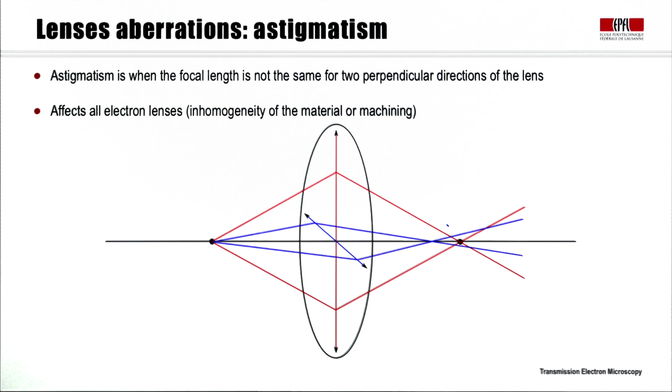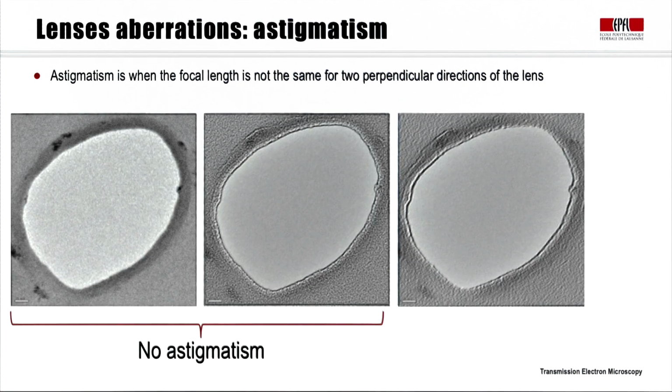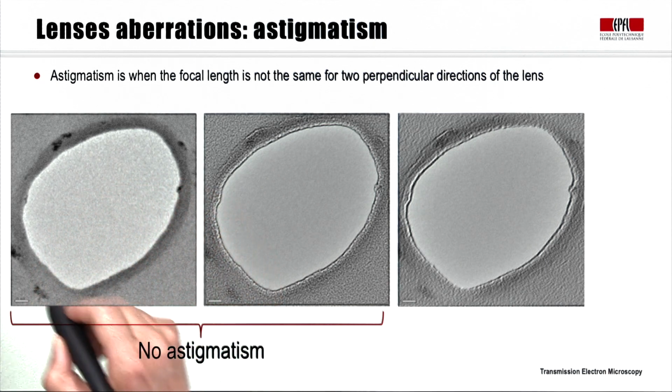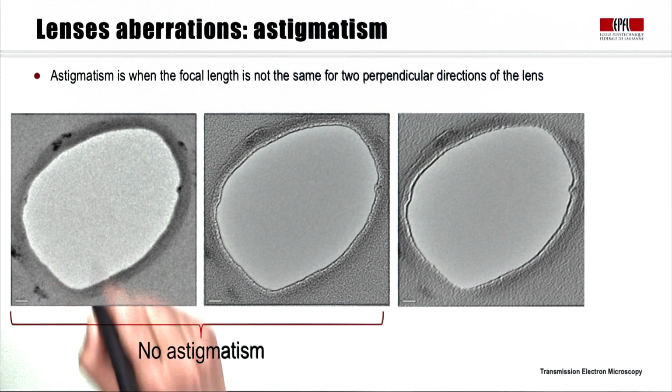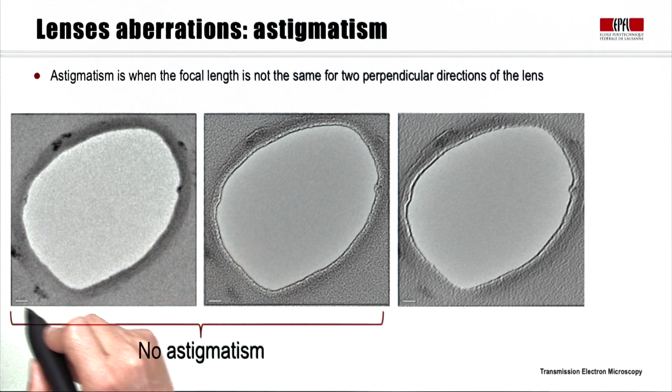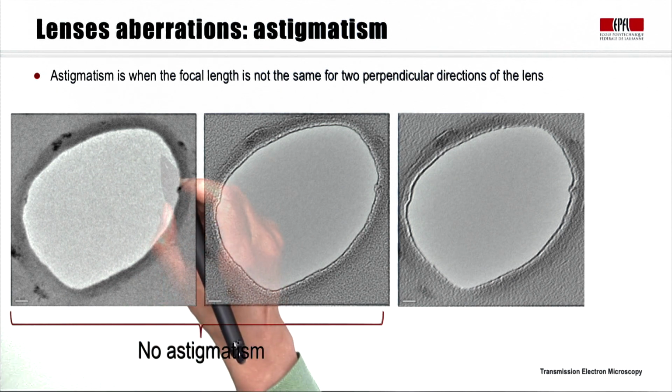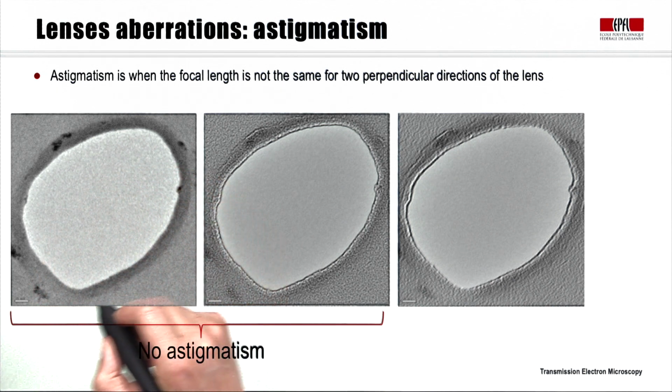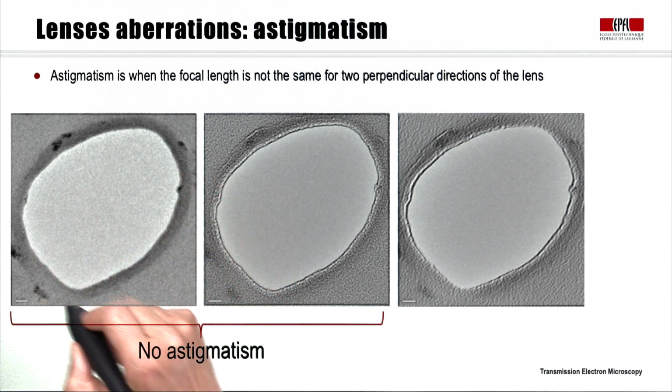So let's try to see what's going on in a real transmission electron microscopy image. I've taken the simplest case of a hole, so I have no specimen inside, which is in a carbon film. So that's amorphous carbon. If everything works well and if my image is in focus, you see very well the rim of the hole with no particular contrast.